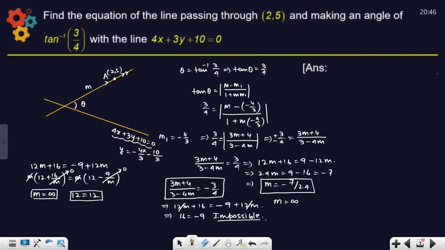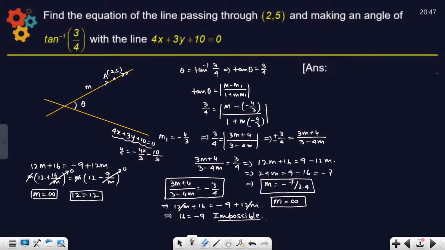So remember this point which we have learned from this question: whenever there is a linear equation and the variable gets cancelled from both sides, then take the value of that variable as infinity. So in this case, m is infinity, which means the line is perpendicular to the x-axis. If the line is perpendicular to the x-axis, then definitely x is constant.